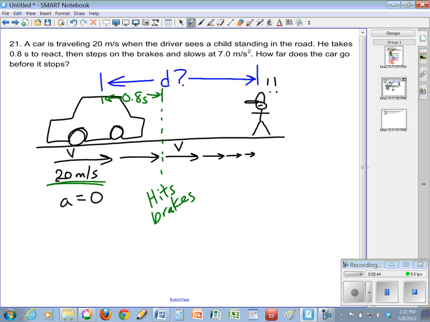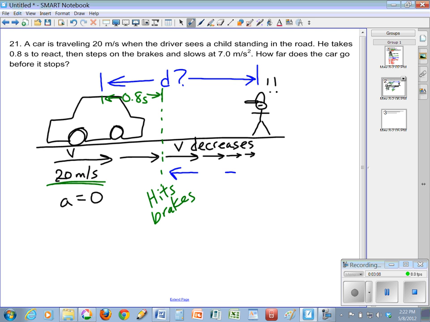So the velocity is decreasing, which is lucky for the child. The acceleration will actually be in the opposite direction.